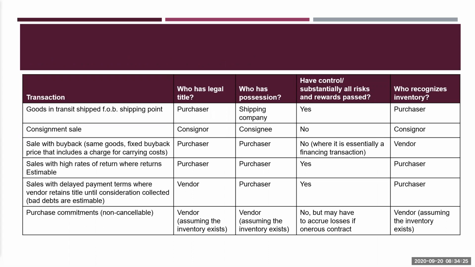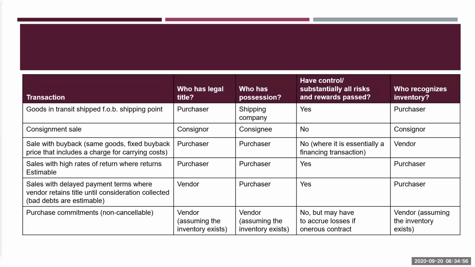If we have goods in transit shipped FOB shipping point, then the legal title belongs to the purchaser because they take possession of the goods as soon as they leave the seller. The possession in transit belongs to the shipping company. Have the control or substantially all risk and rewards passed? The answer is yes. And the party that will recognize the inventory on their books will be the purchaser.